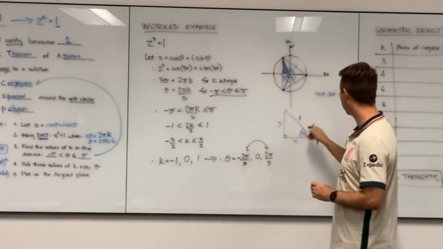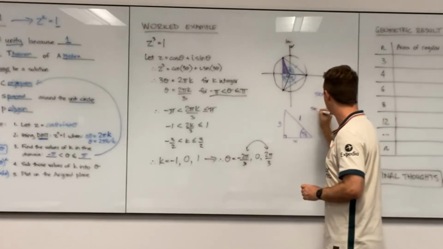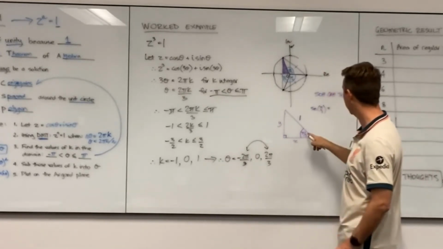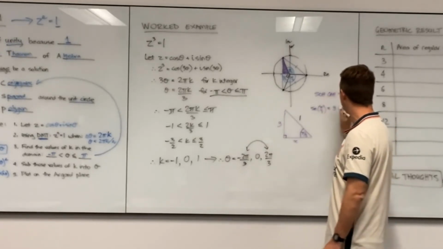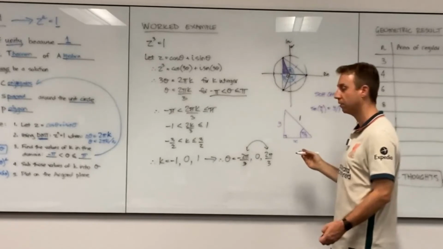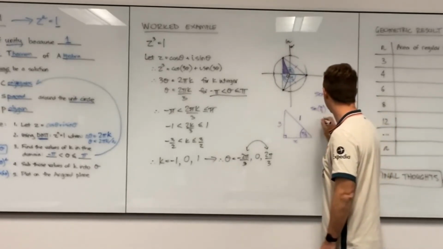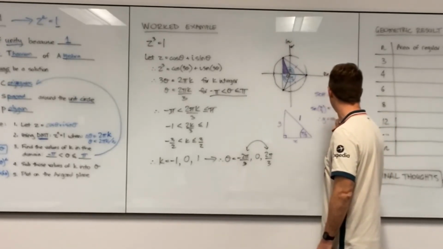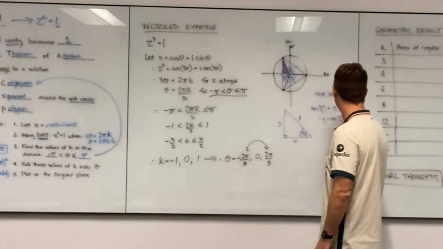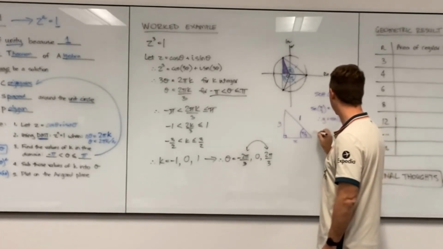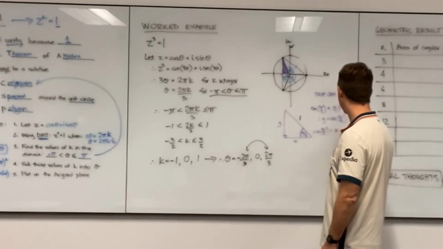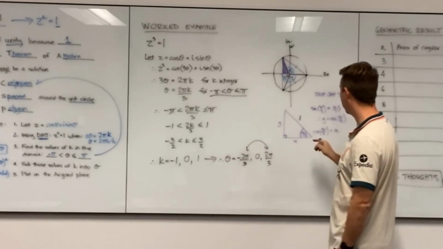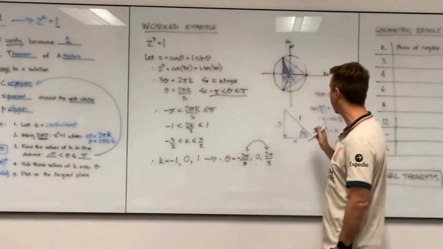What is the sine of pi on 3 in this triangle? Y, because it's the opposite over the hypotenuse, but because the hypotenuse is 1, this is quite nice. We can say, therefore, y is equal to sine pi on 3. And what do we know about cos pi on 3? That's x.